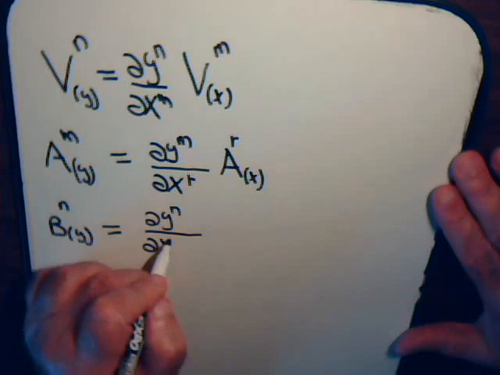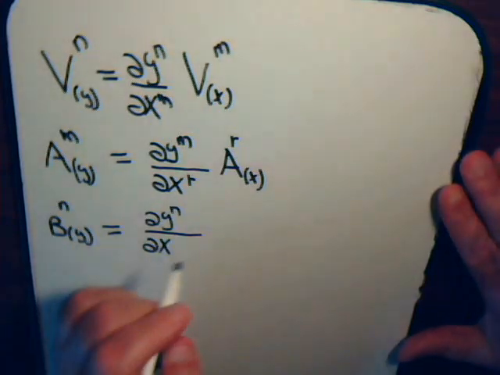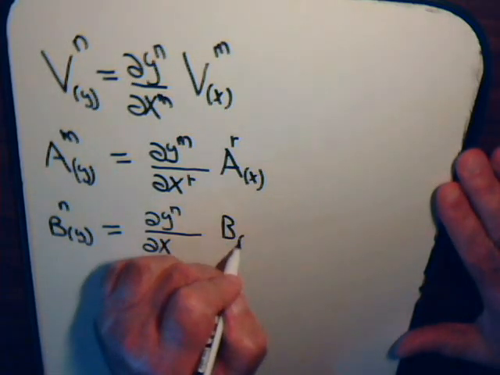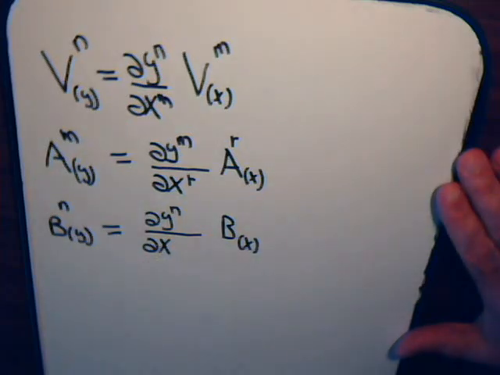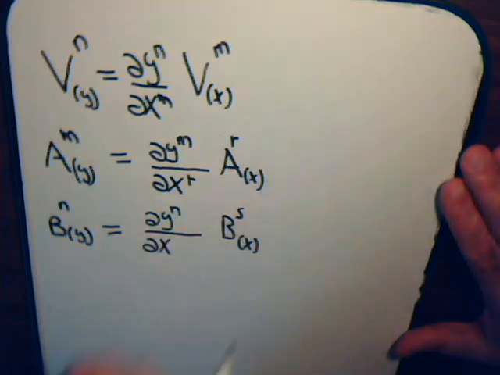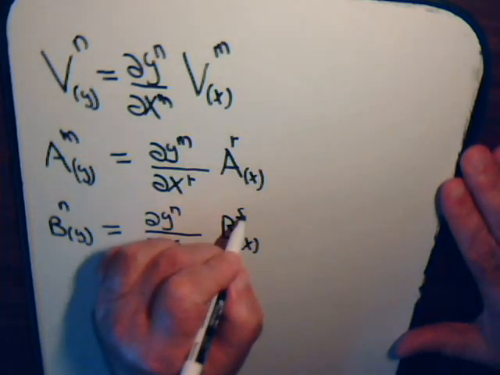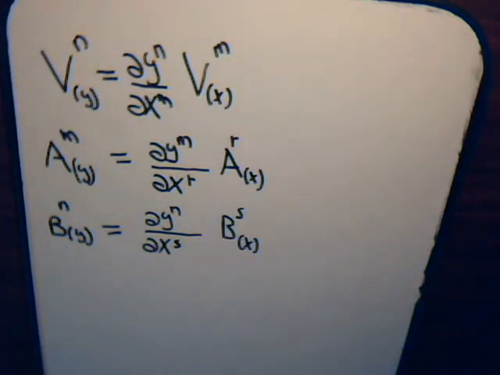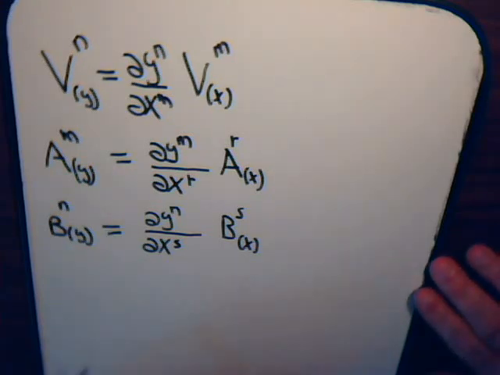X is going to be downstairs, we know that. And then we have b, x, and then our repeated index, we can call it s, and it has to be in the denominator here, so we get the repeated index like this. Okay, so here then we would have an expression for two contravariant vectors.